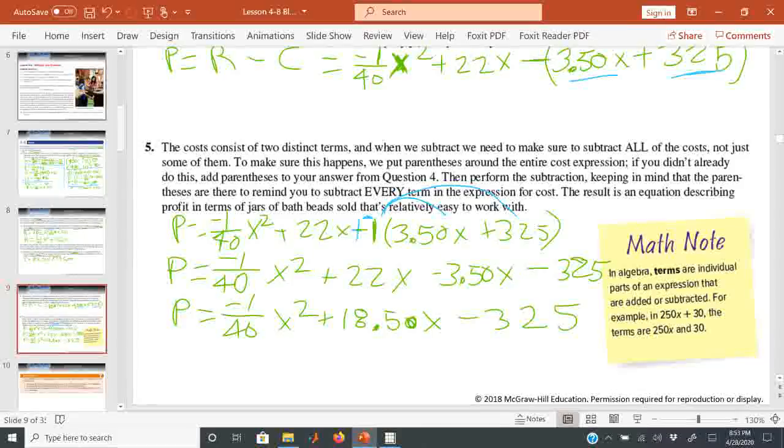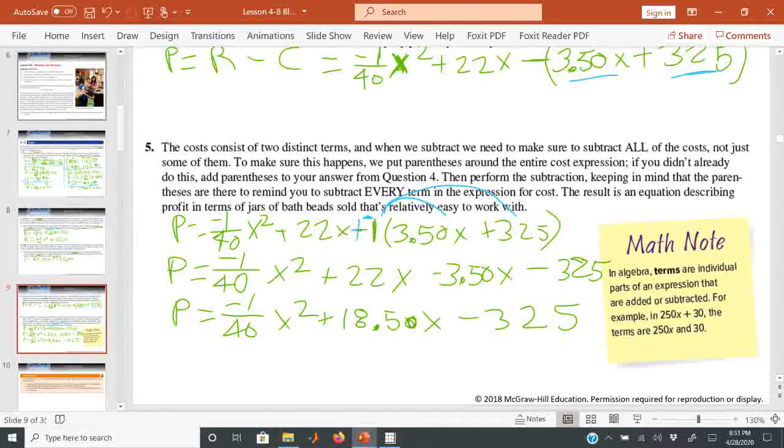So I've gotten this equation down into what we call the simplest form. I just have two places where I plug into x. I don't have to do a lot of parentheses first. It's the quickest way to calculate profit. Okay? And you'll notice it's just profit in terms of number of jars sold.